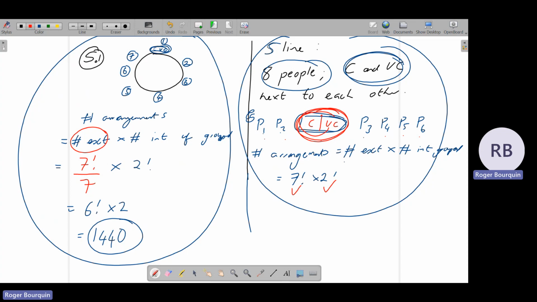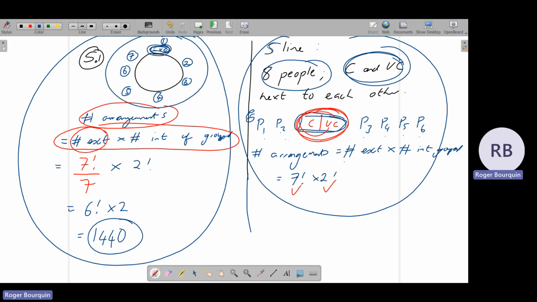But for this particular question, I'm going to use the same principle, remembering we're working with circular seating. Number of arrangements equals number of external times number of internal for the things that have to be grouped together. These two are stuck together, so you're arranging 7 different things in a circle. In a circle, the number of external arrangements is not just 7 factorial like it was for the straight line.